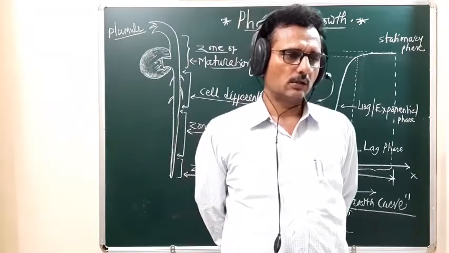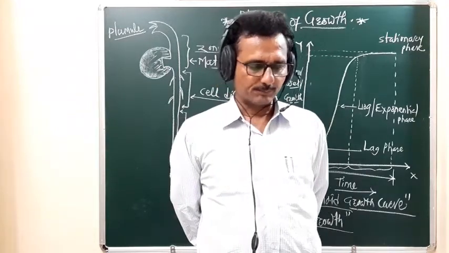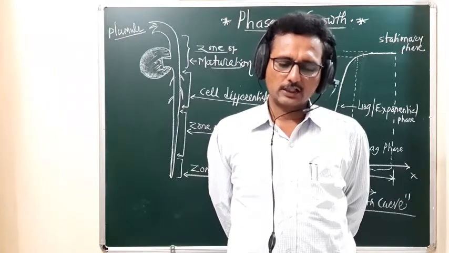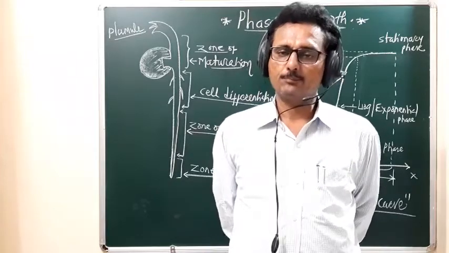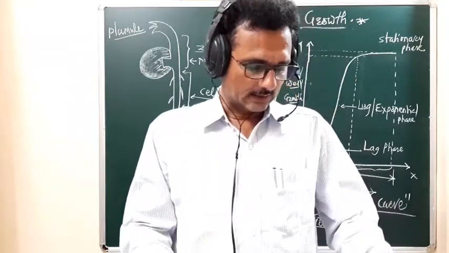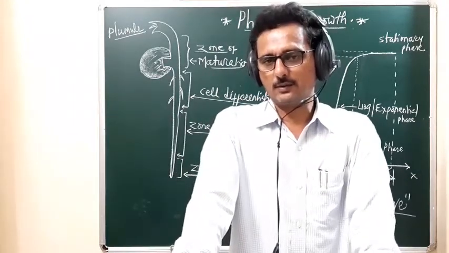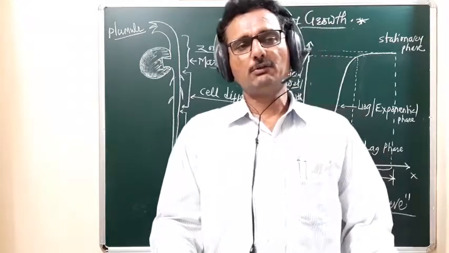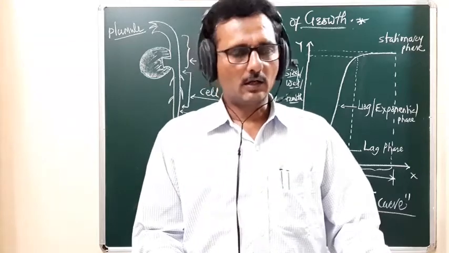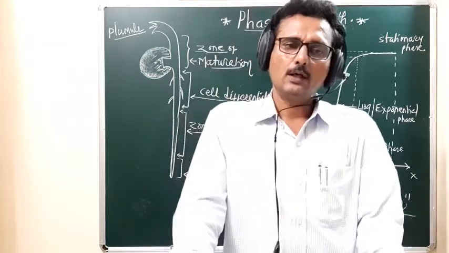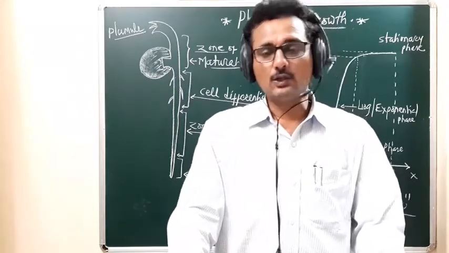So with which option do we say the growth takes place in an organism? From this, students, remember the third option is the correct answer, by biochemical conversion of food into living matter. In the sense, the food is converted into protoplasm. Protoplasm includes the cytoplasm and the nucleoplasm.